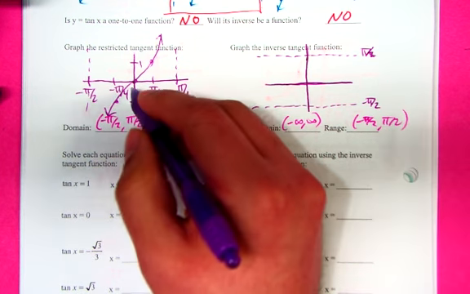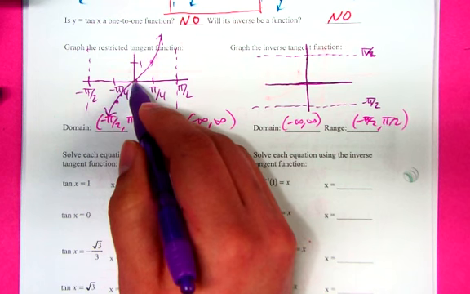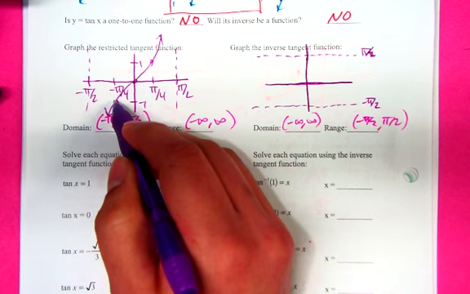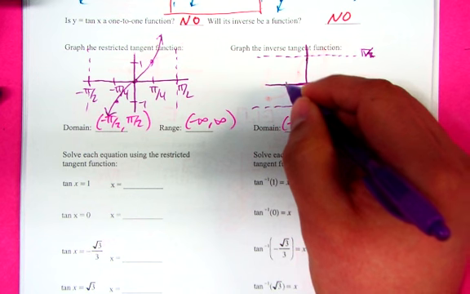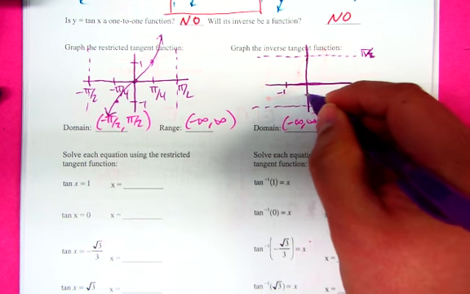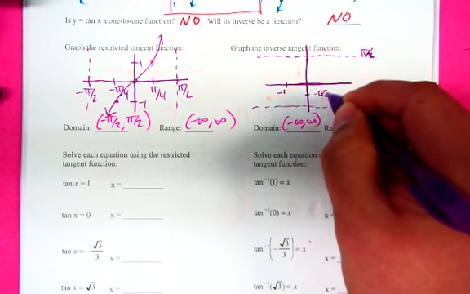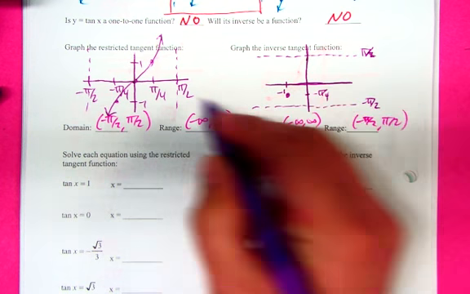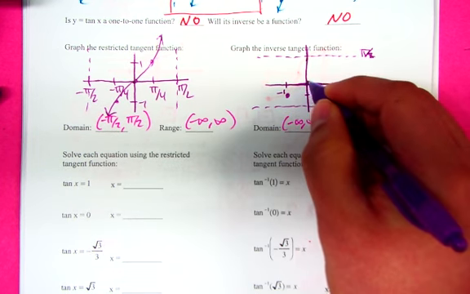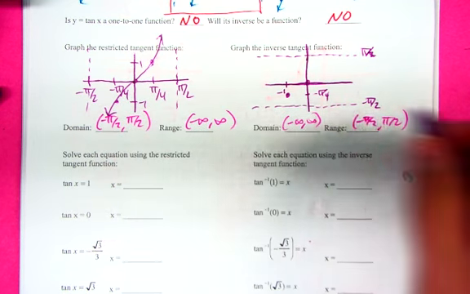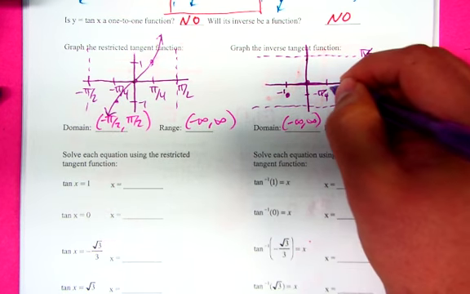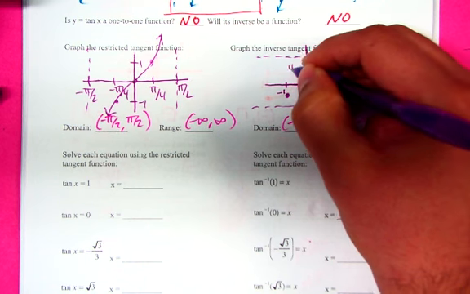When you graph the point negative pi over 4, negative 1, that becomes negative 1, negative pi over 4. The point 0, 0, when you flip that around, is still 0, 0. Pi over 4, comma 1 will become 1, pi over 4.